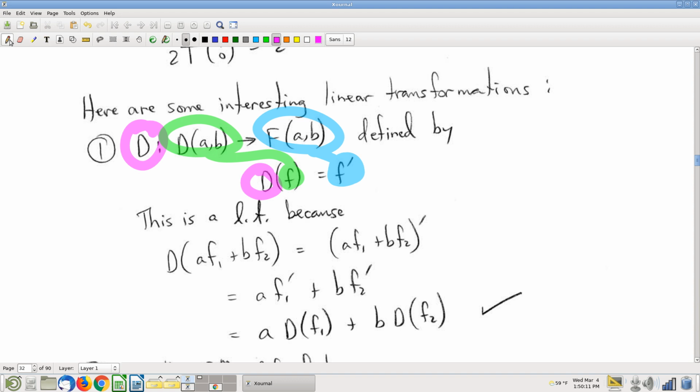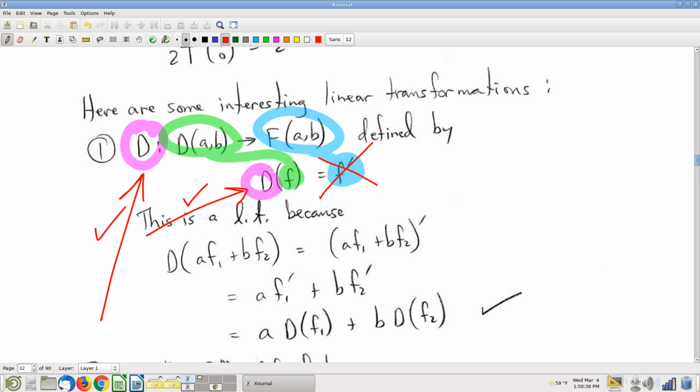Very importantly, when we say that differentiation is linear, I'm talking about this. That's what I'm claiming is a linear transformation. This purple operator is linear. I am not saying that that function, f prime, is linear. Oh, of course not, right? Again, plenty of counterexamples, very easy.